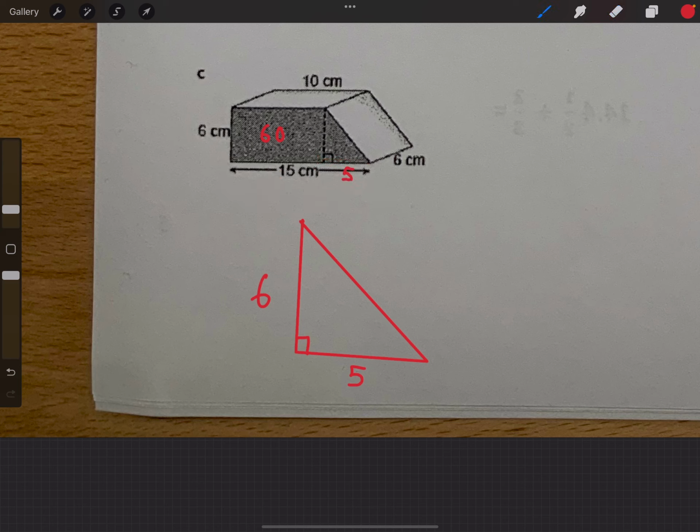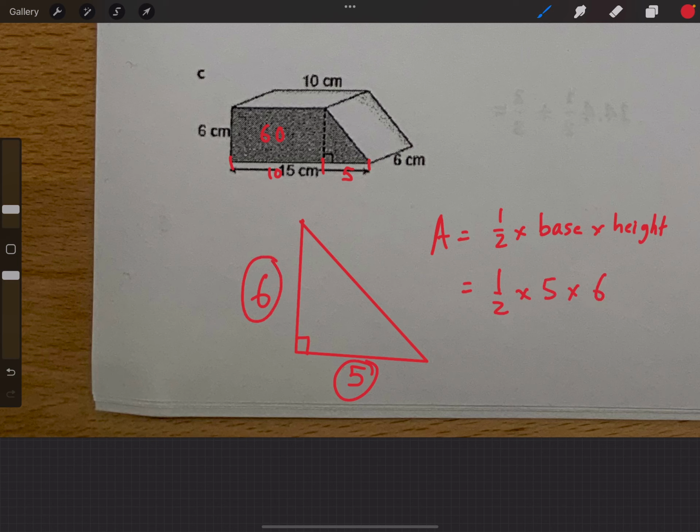So that's 5 there, and that's 10 there. That makes 15. Okay. So the area of a triangle equals a half times base times the height. The base is 5, and the perpendicular height is 6. So that'll be a half times 5 times 6, which is 30.